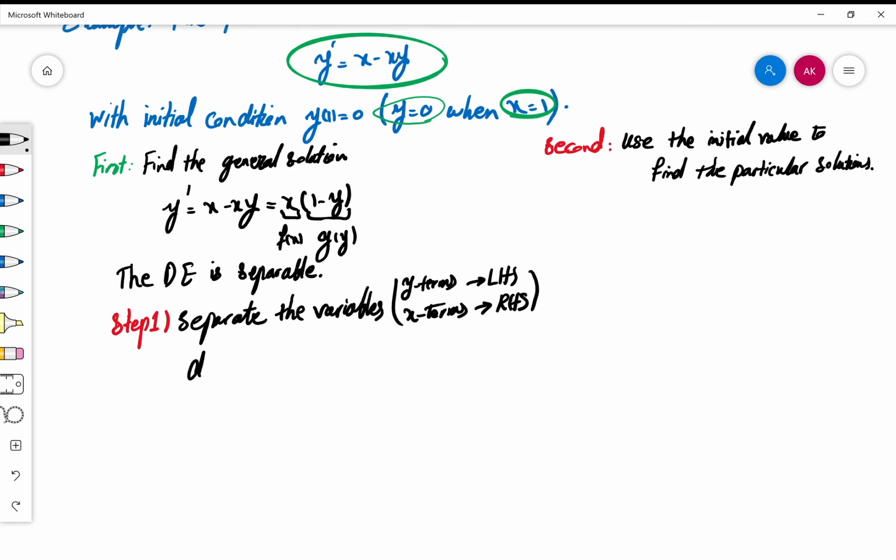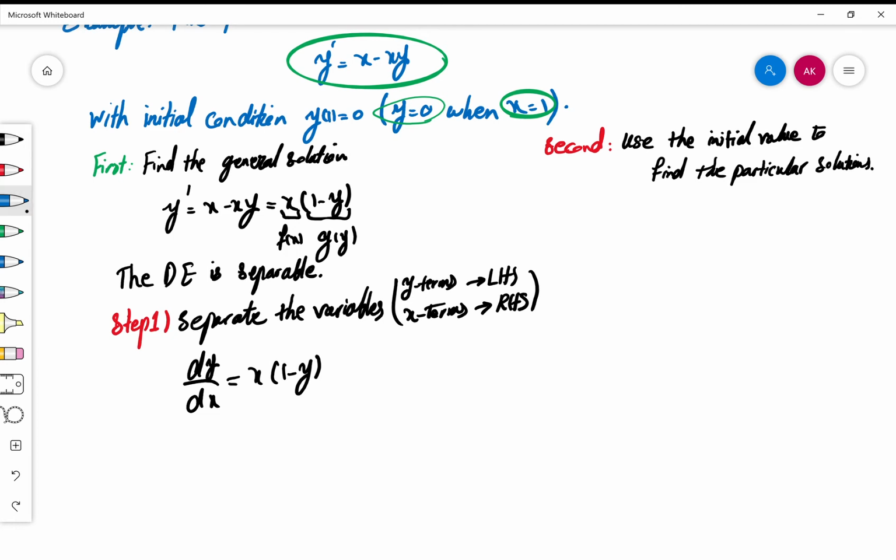To be able to do everything nicely, I need to write y prime as dy over dx. This is always what you do when you have a separable differential equation: you change y prime to dy dx, and then x times (1 minus y).